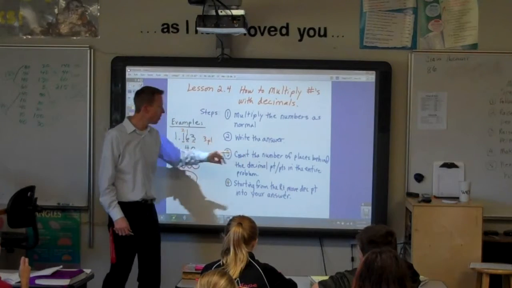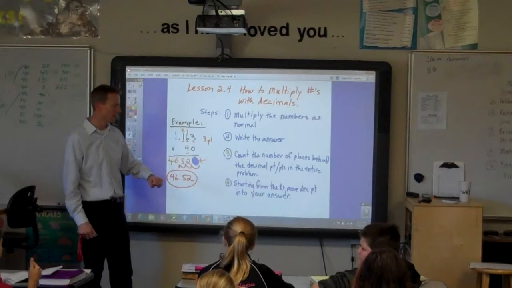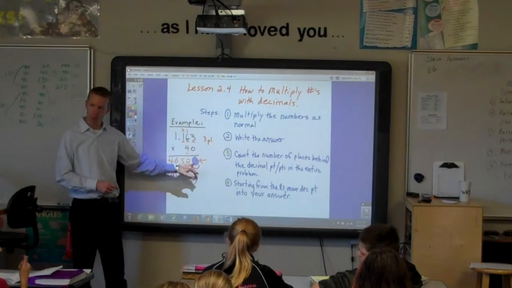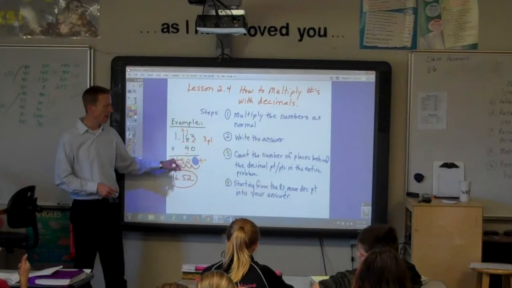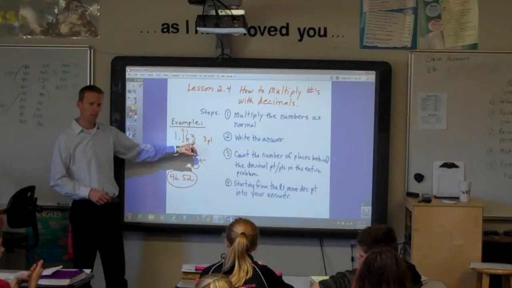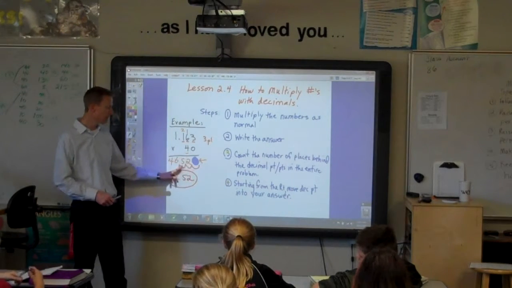And write the answer, and then go back and count the number of places behind the decimal point in the entire problem. And then start at the right and move the decimal point in that number of places. This number has 3 places to the right of the decimal point. This number has 0, so we move it 3 places into the answer.